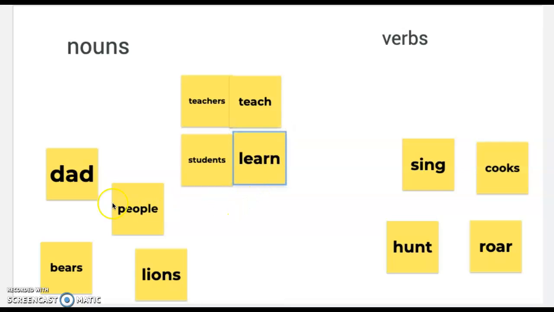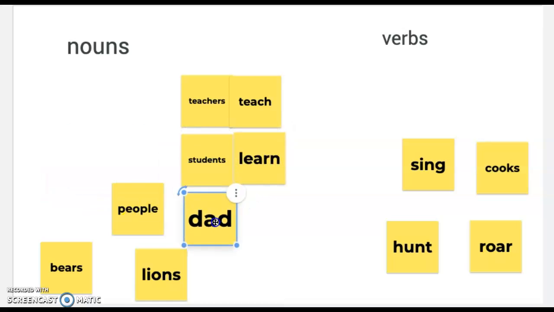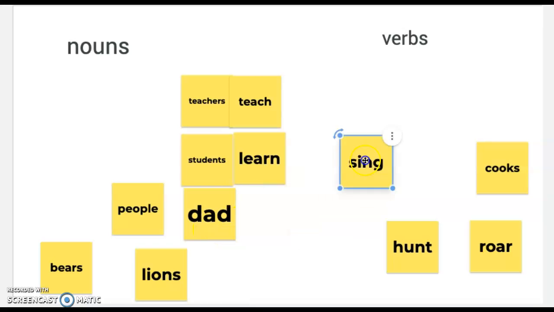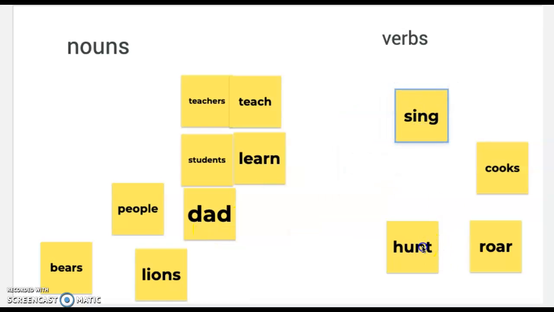Let's see. What about dad? Dad. There's only one dad. Can dad sing? Well, sure, dad can sing. Dad sing. Oh, wait a minute. Are you telling your dad to sing or are you just saying dad sings? Dad sings. Okay, we can't use that one. That one doesn't fit.